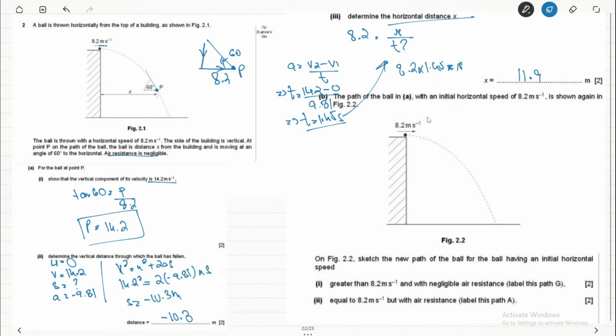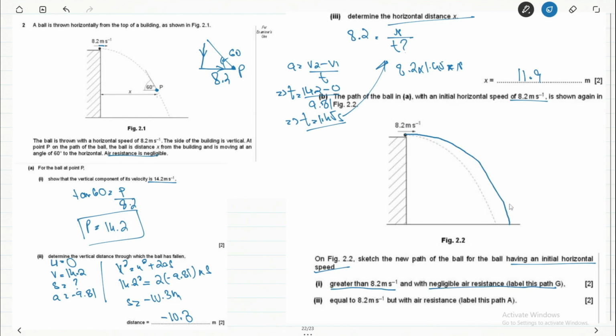Now, the path of the ball in A with an initial horizontal speed of 8.2 meter per second is shown again in figure 2.2. Sketch a new path of the ball for an initial horizontal speed greater than 8.2 with negligible resistance. So if this component is greater, the path would be something like this.